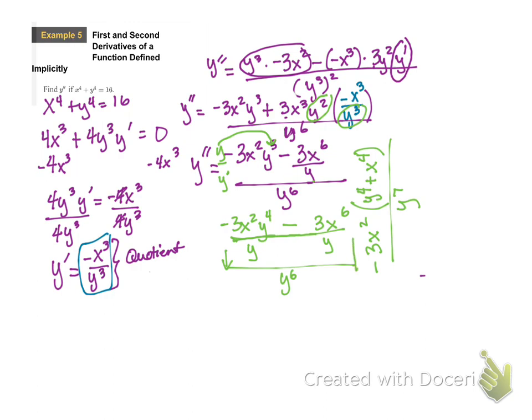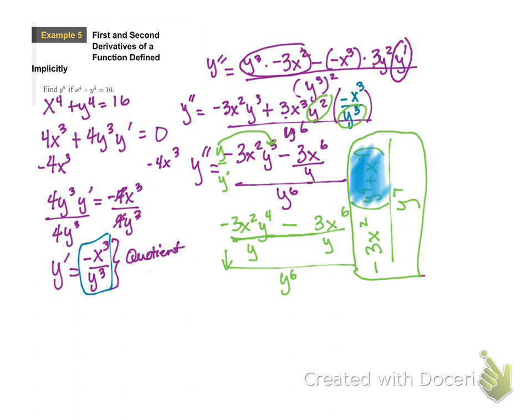Yes. Watch this. Hold on, we're nearly there. Look at this piece right here: y to the 4th plus x to the 4th. What is that? Look back at your equation. That's our 16.